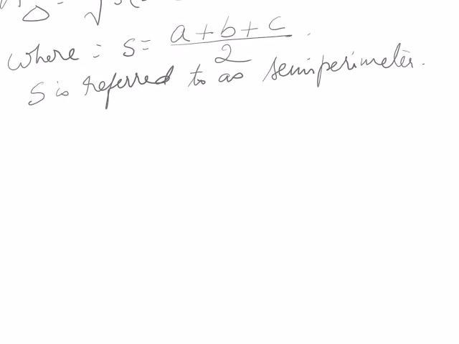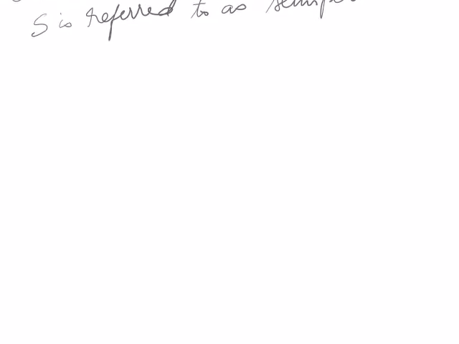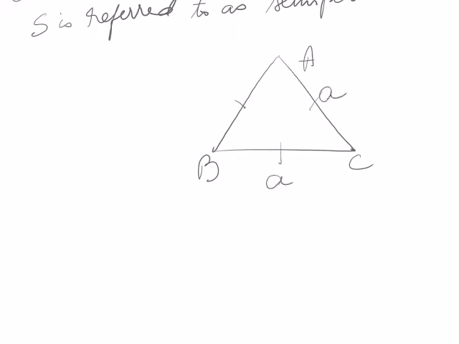Then you must have heard of the equilateral triangle. If you haven't, let me explain. An equilateral triangle is a triangle in which all the three sides are equal: AB, BC, AC are all equal, say a.